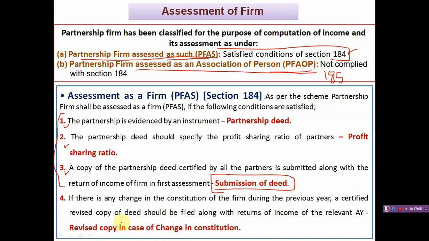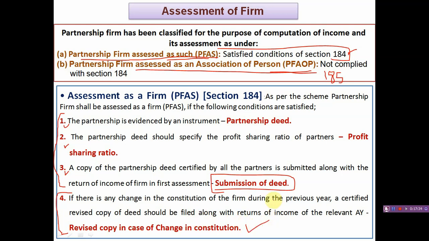And the fourth one is to be satisfied if the firm has changed the constitution of the firm. That is, if any change in the profit sharing ratio or any change in the partnership, or admission of a new partner or retirement of an old partner, then the revised partnership deed is to be submitted along with the return.